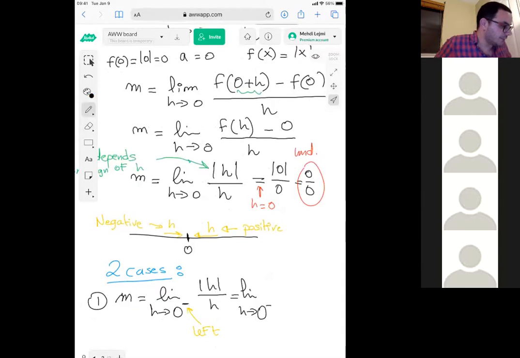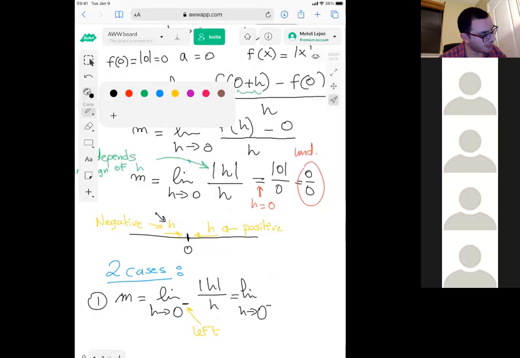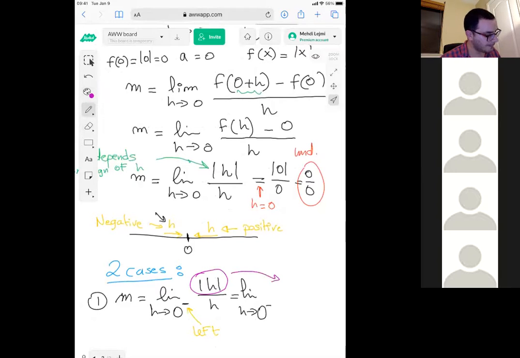So h is negative, right? In that case, h would be negative. And if h is negative, then the absolute value of h would be minus h. So here, because h is negative, because it approaches 0 from the left, so it's on the left side of 0, so it's negative, right?